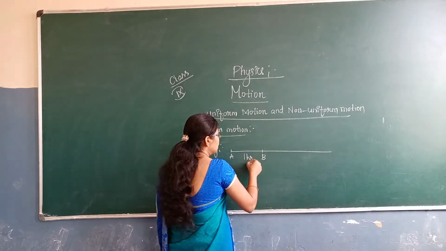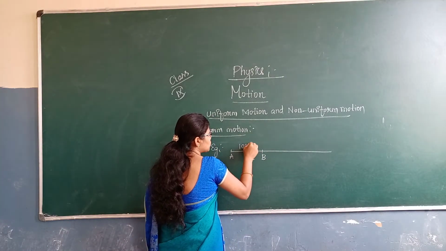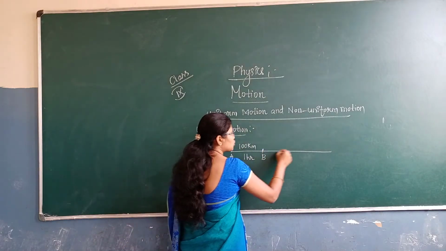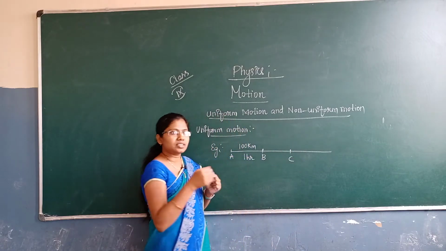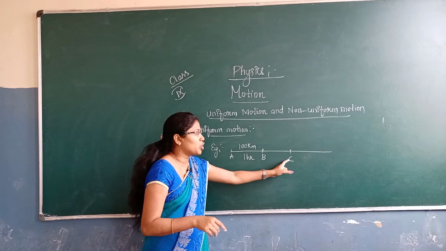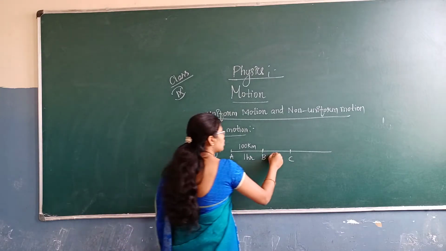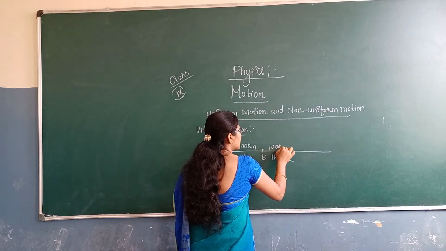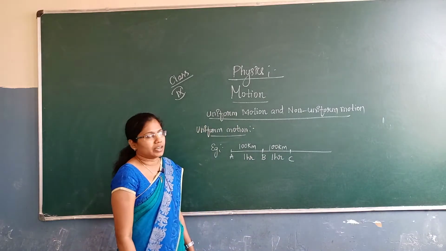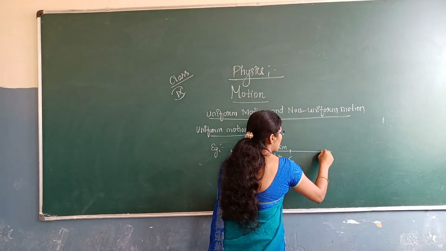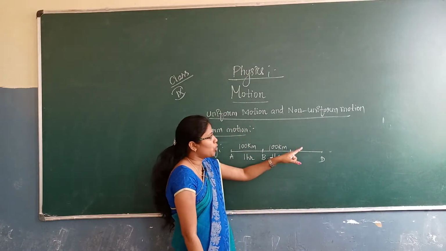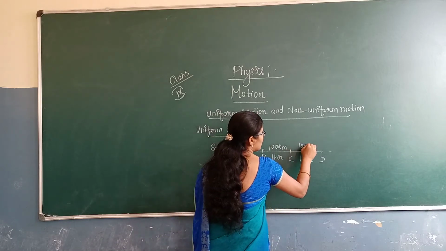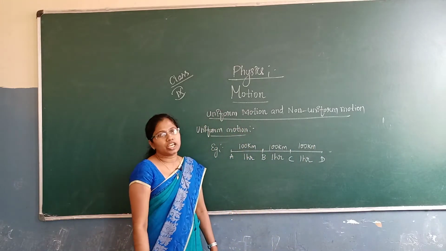In that 1 hour, it has covered a distance of 100 kilometers. Next, the object has moved from point B to point C. Here also it has taken 1 hour, and in that 1 hour it has covered 100 kilometers. Next, the object has moved from point C to point D, taking 1 hour and covering 100 kilometers.